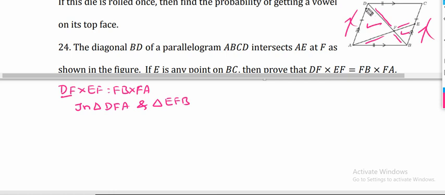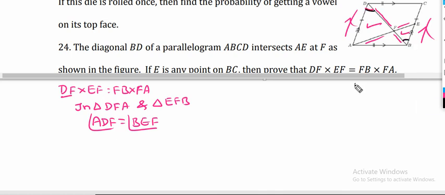Therefore angle ADF and angle EBF are both equal. Angle ADF is equal to angle BEF because these two are the alternate angles.